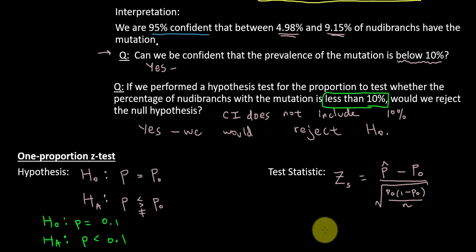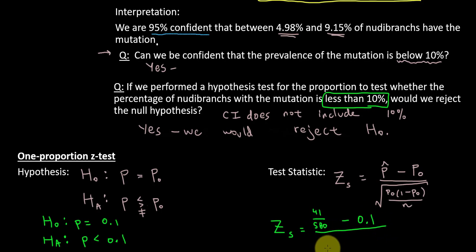So let's go and plug in our values from this nudibranch example. Our sample proportion was 41 over 580. Our hypothesized proportion, 10%.